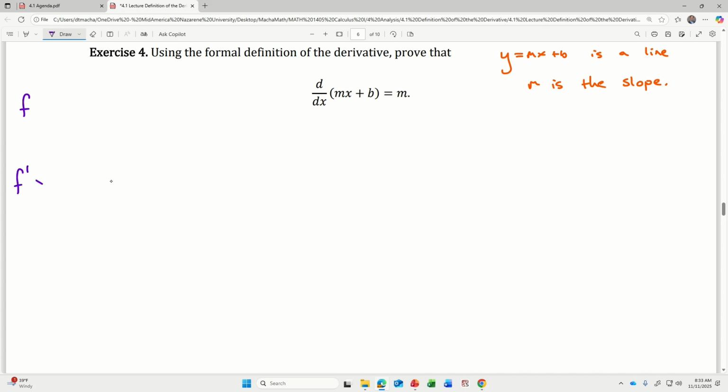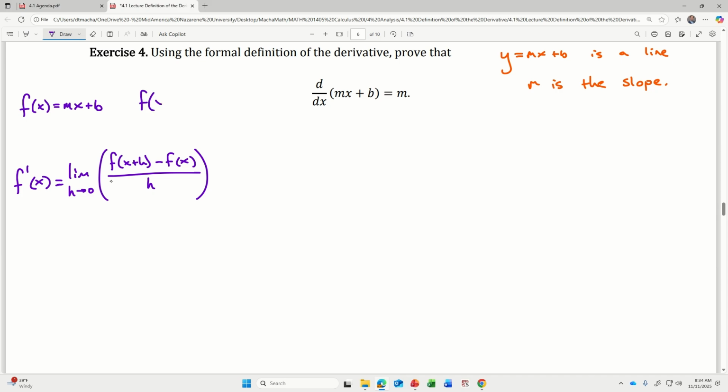f prime of x is the limit as h approaches 0 of f of x plus h minus f of x divided by h. And f of x is mx plus b.